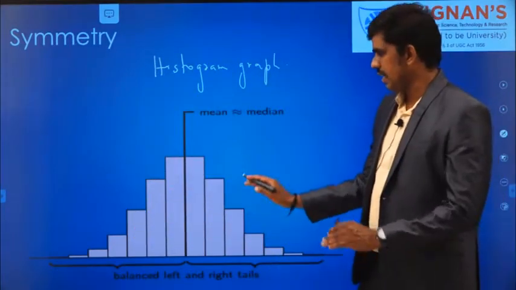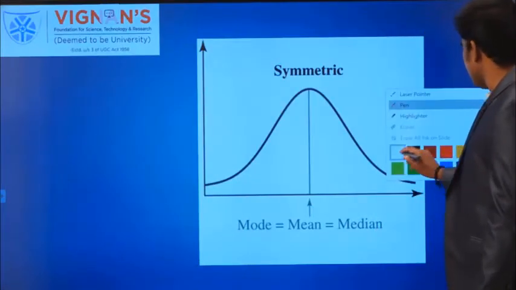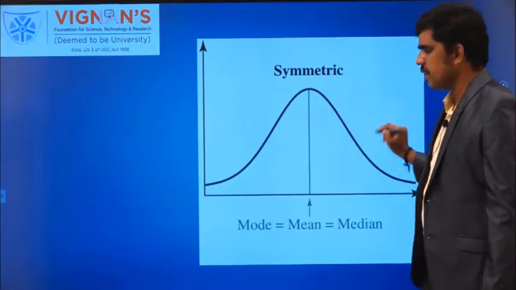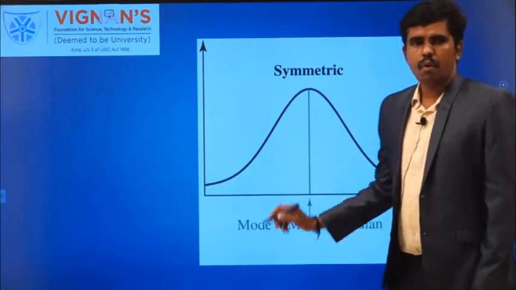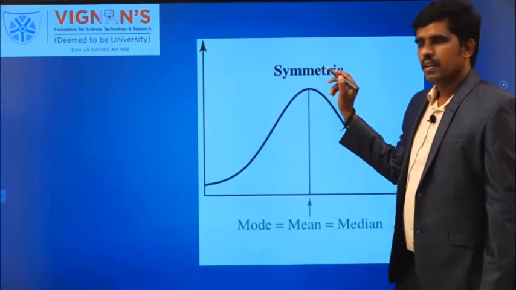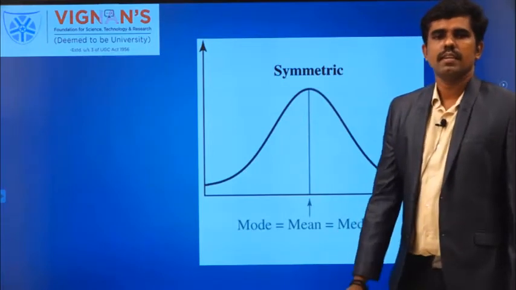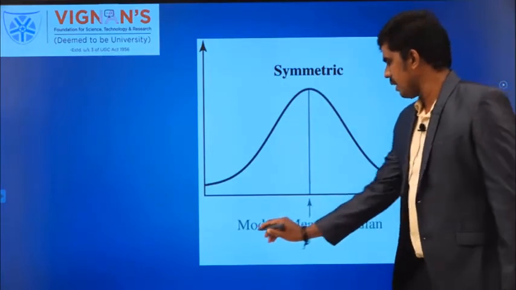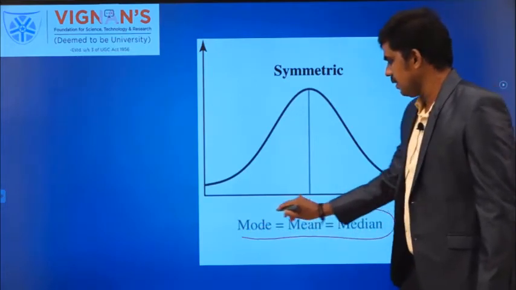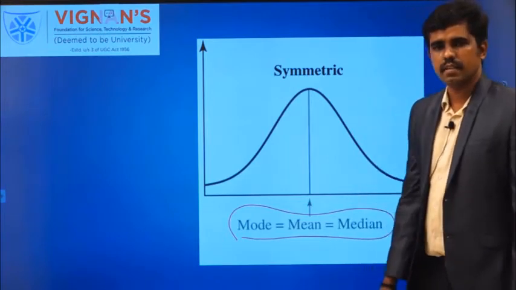You can understand clearly. One more important point, if we have a symmetric graph, you see this is like a frequency polygon graph. One more important point, if we have a symmetric data distribution graph, then definitely we can say all measures of central tendency are equal.